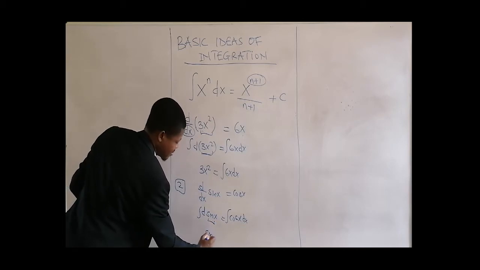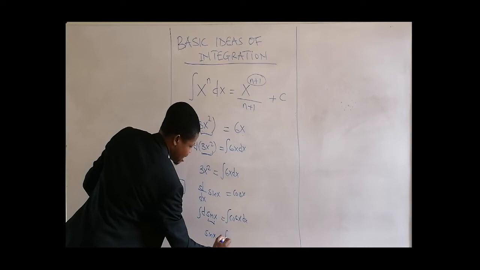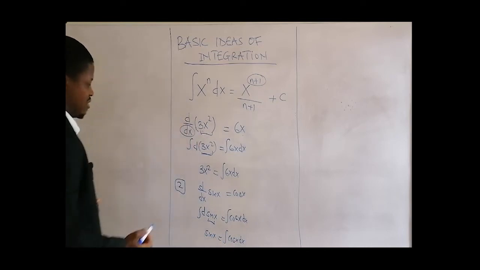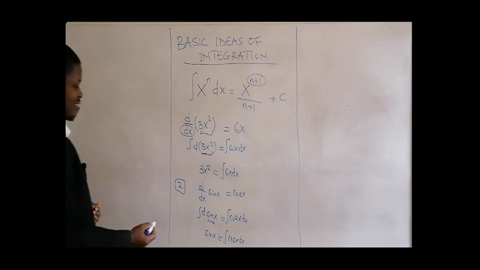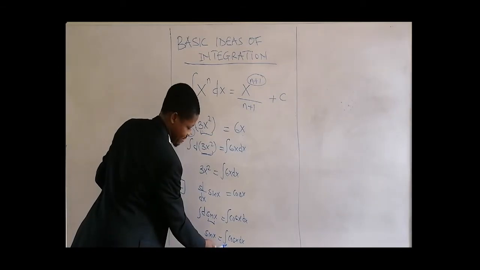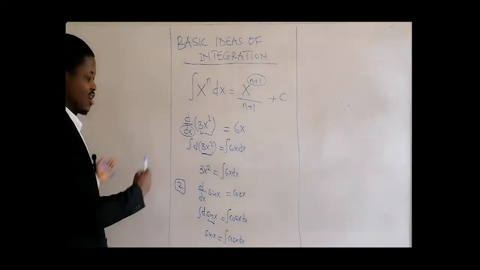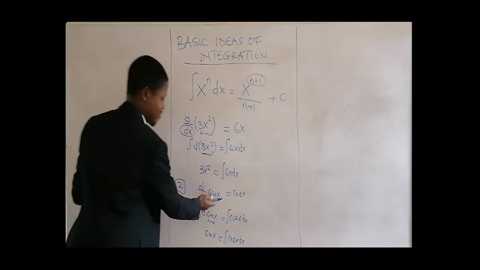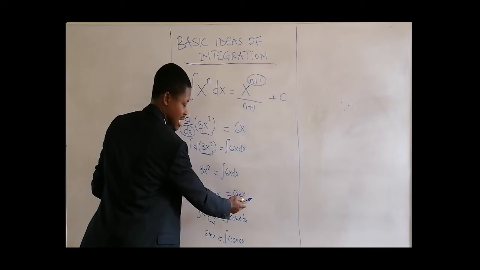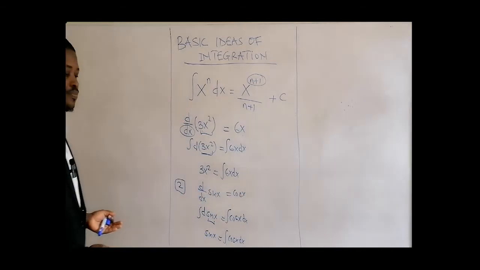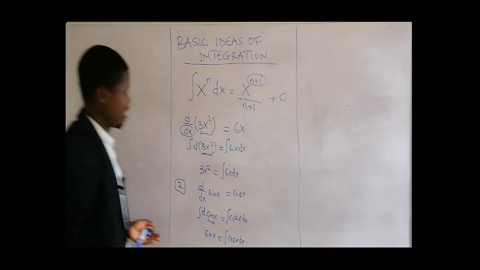So sine x equals the integral of cos x dx. You can also establish that the integral of cos x is sine x. You can see they are opposite to each other, from sine to cos, and then from cos back to sine.